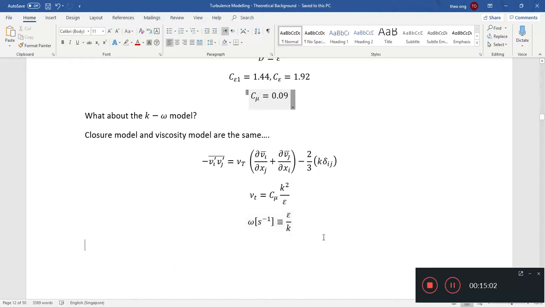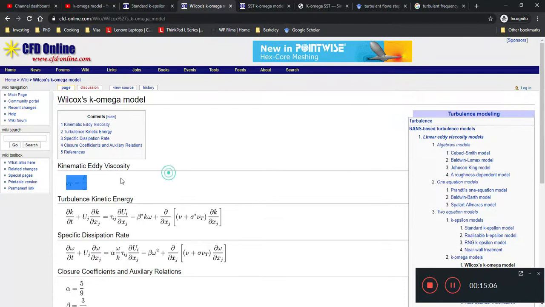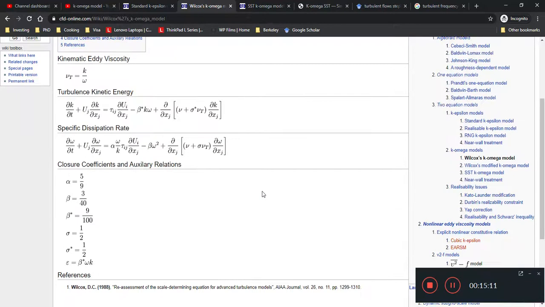Alright, so anyway, we look at the Wilcox k-omega model from CFD Online. So these are some useful resources. And nu t, as shown here, equals k over omega.